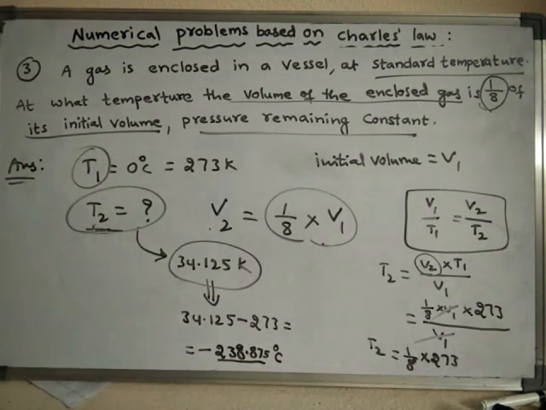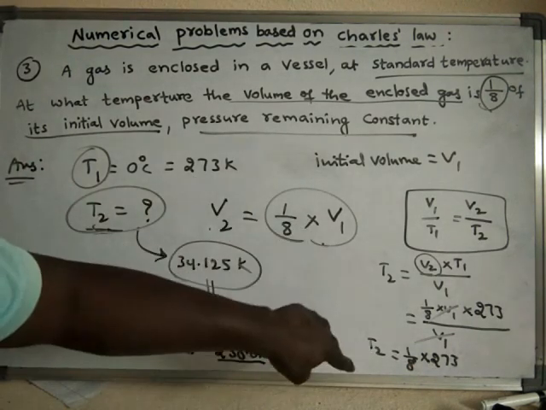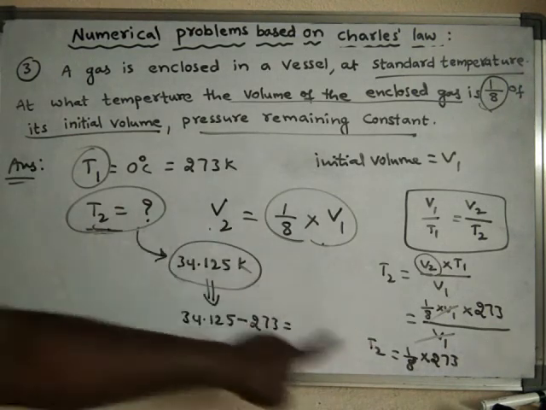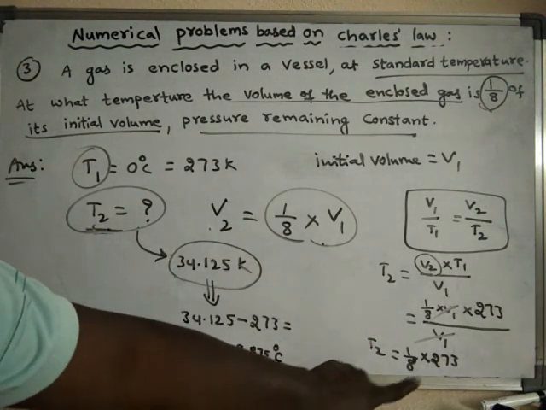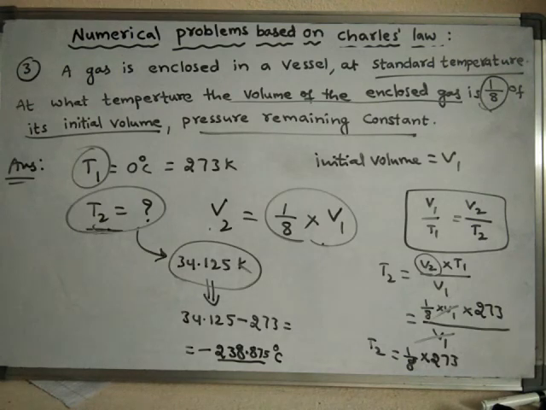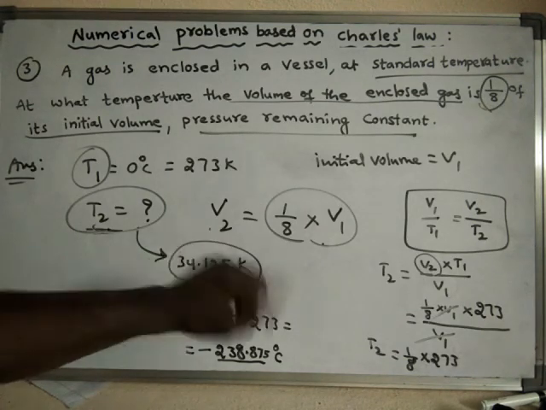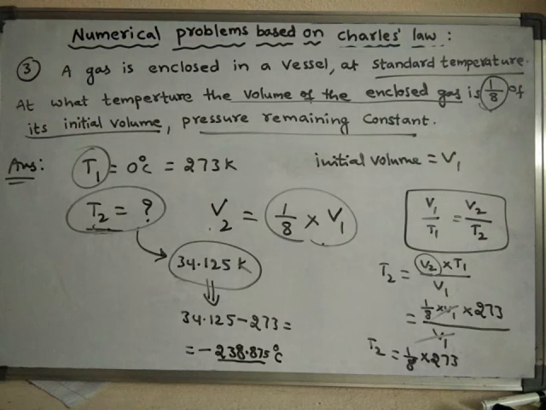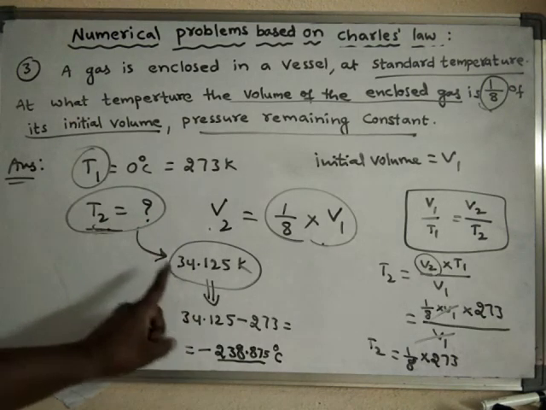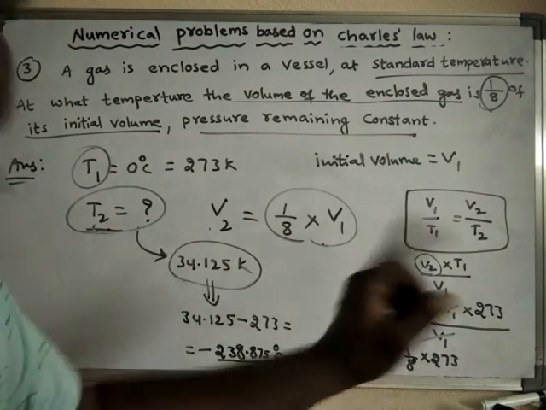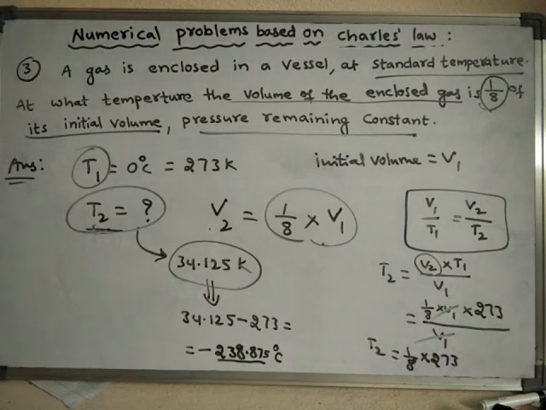What is its initial temperature? 273. Suppose if volume is doubled, then the final temperature also will be double that of the initial temperature. If final volume is 3 times the initial volume, then the final temperature will be 3 times its initial temperature.